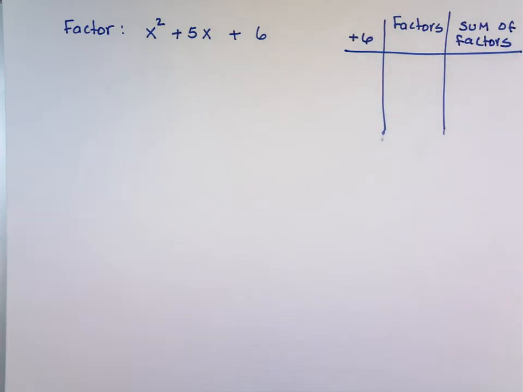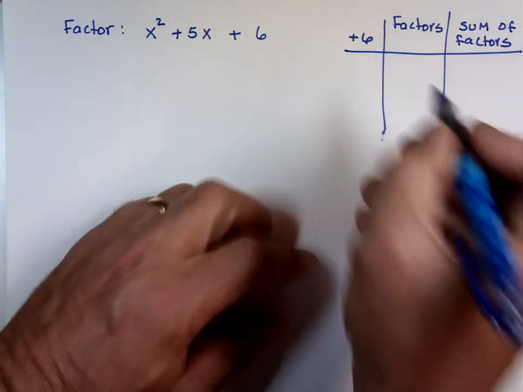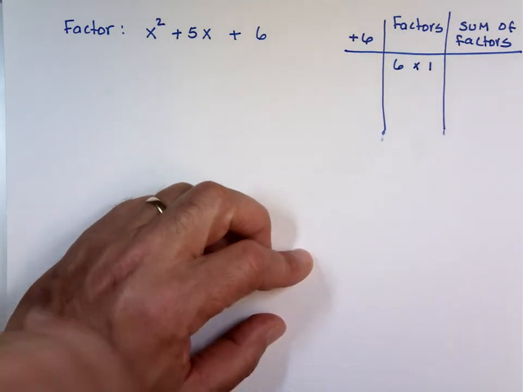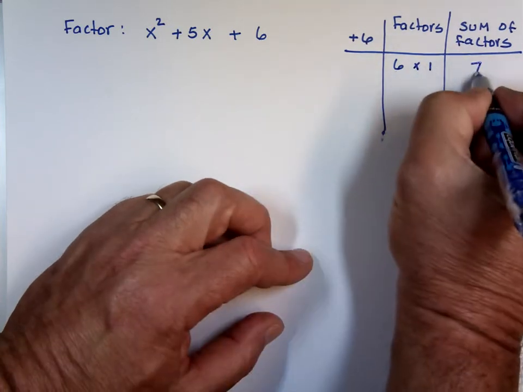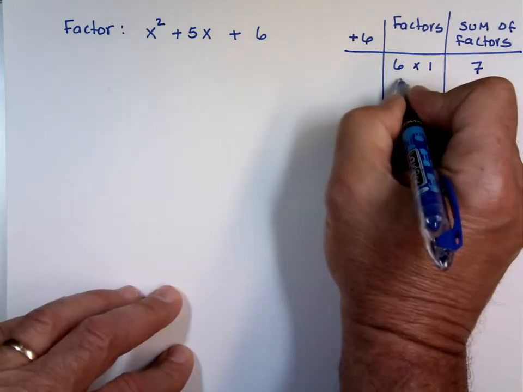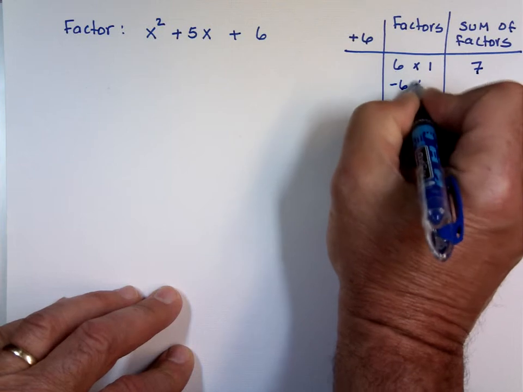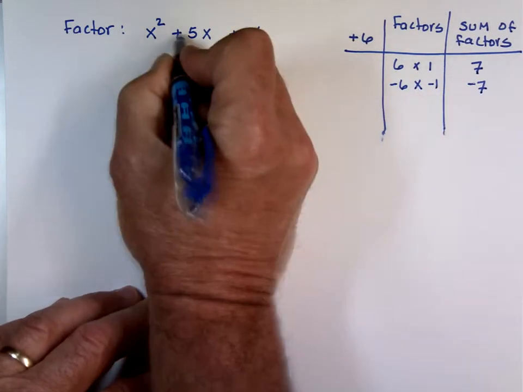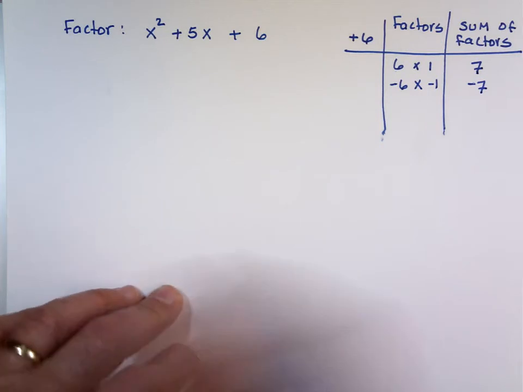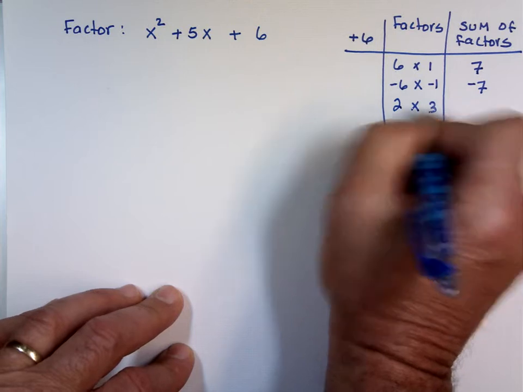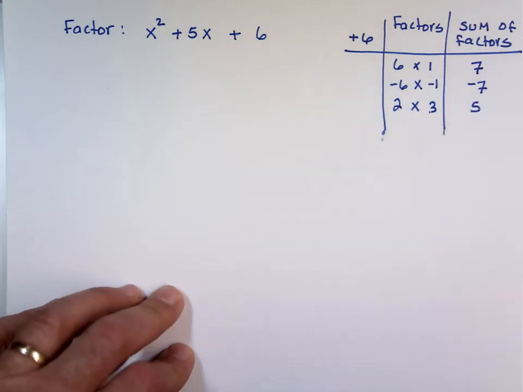So the plus 6, you get plus 6 by multiplying what? 6 times 1. What's the sum? 6 plus 1 is 7. That's not good. I want it to be 5. Could be negative 6 times a negative 1. The sum is what? Negative 7. That's not good. I want it to be 5. Could be plus 2 times plus 3. When you add them, what's the sum? 5. Bingo.